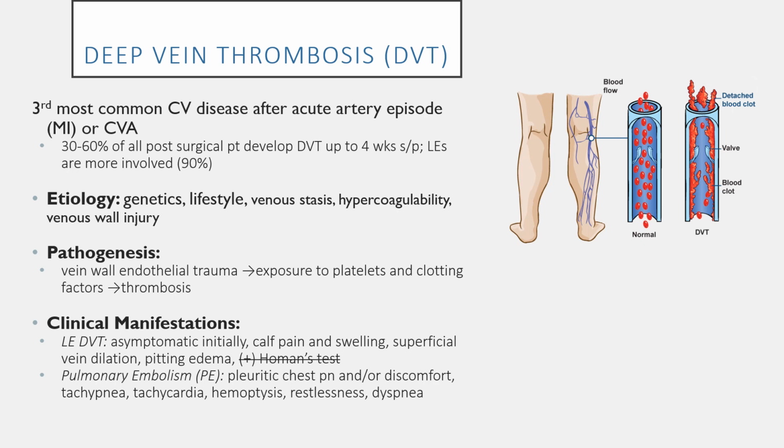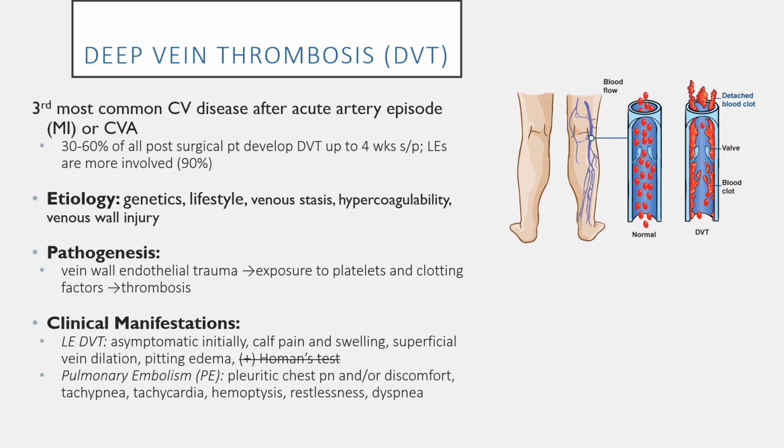Deep vein thrombosis affects lower extremities 90% of the time. Initial symptoms may be dull ache, tight feeling, pain in calf. Progressed DVT symptoms include warm to touch, discoloration, pitting edema, pain in the calf. It is the third most common cardiovascular disease after coronary artery episode, such as MI or cerebrovascular accident, which is a CVA.